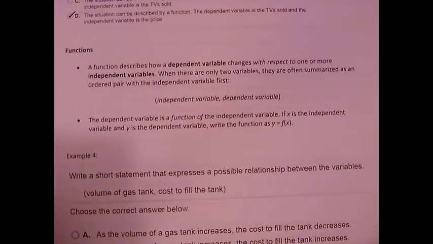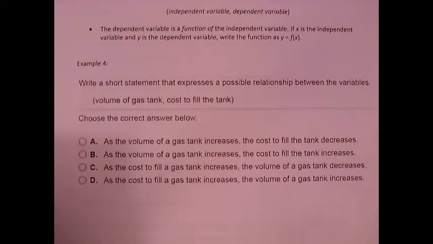So now, example 4. Here we're going to write a short statement that expresses a possible relationship between the variables. So here your independent variable will be the volume of the gas tank. Your dependent variable will be the cost to fill the tank. So we want to choose which one will best describe that relationship.